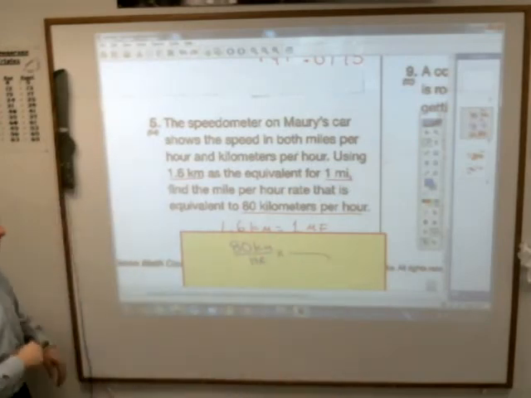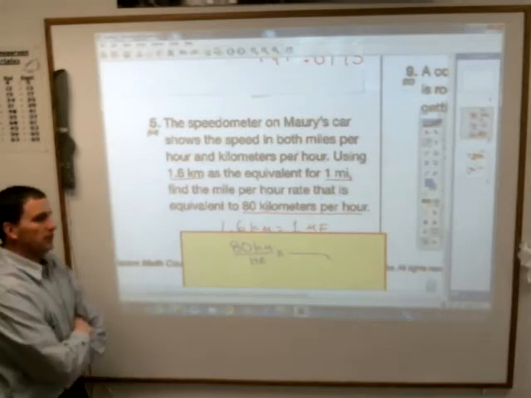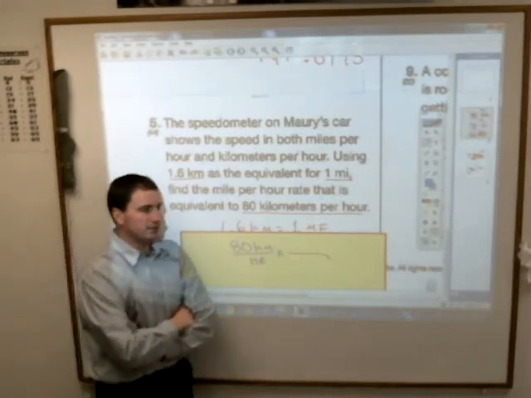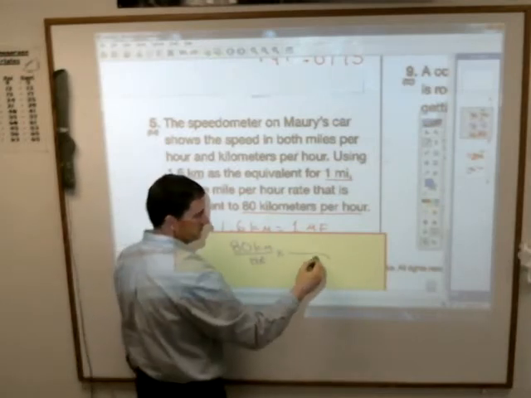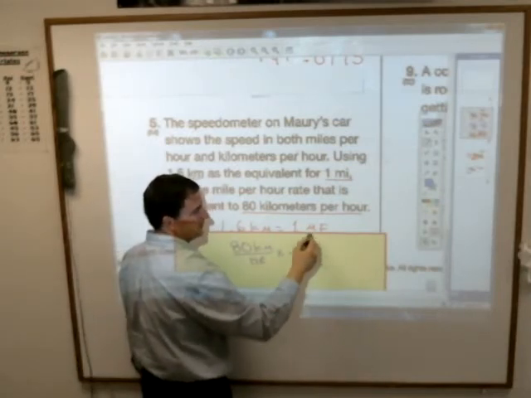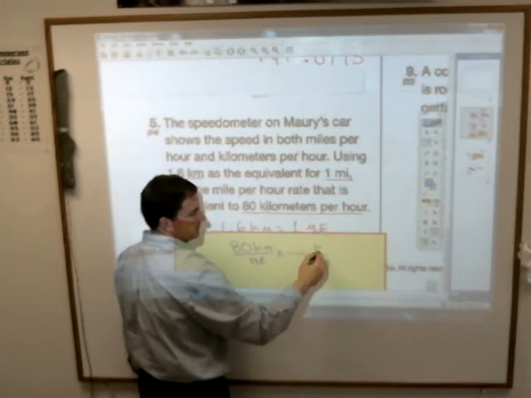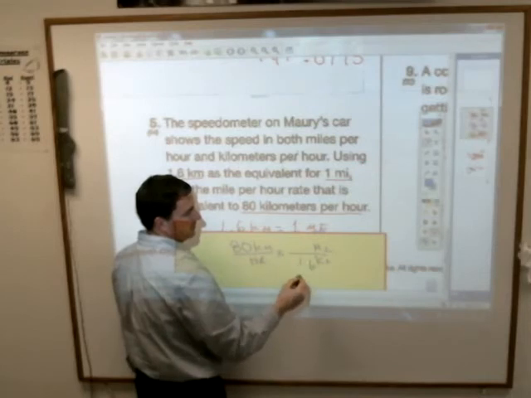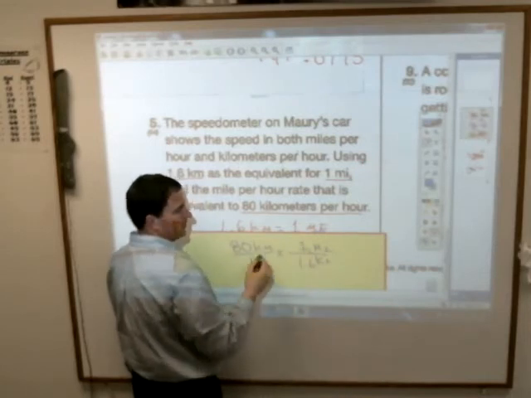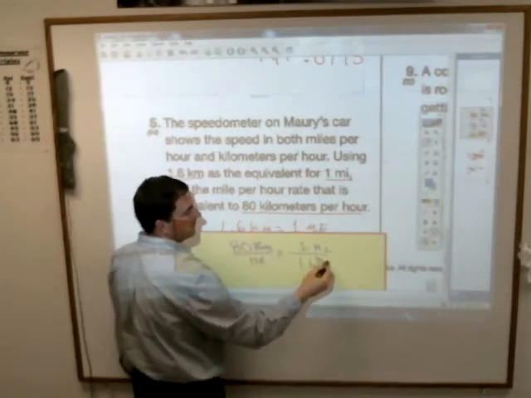So that tells you what, Sage? In order to get kilometers to cross off, what has to happen? Well, kilometers has to be on the bottom. But you're not talking about hours, you're talking about miles. So what is our ratio? It's 1.6 kilometers equals 1 mile. Now when I do this, my labels cross off like I want them to.